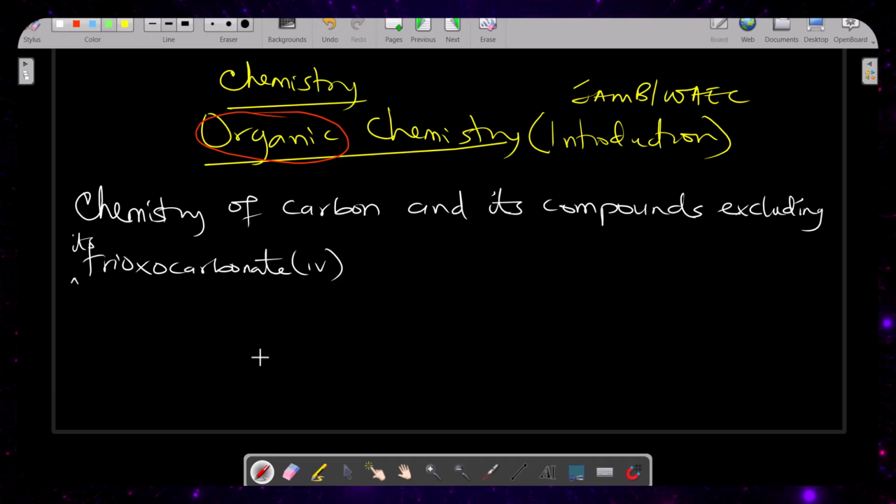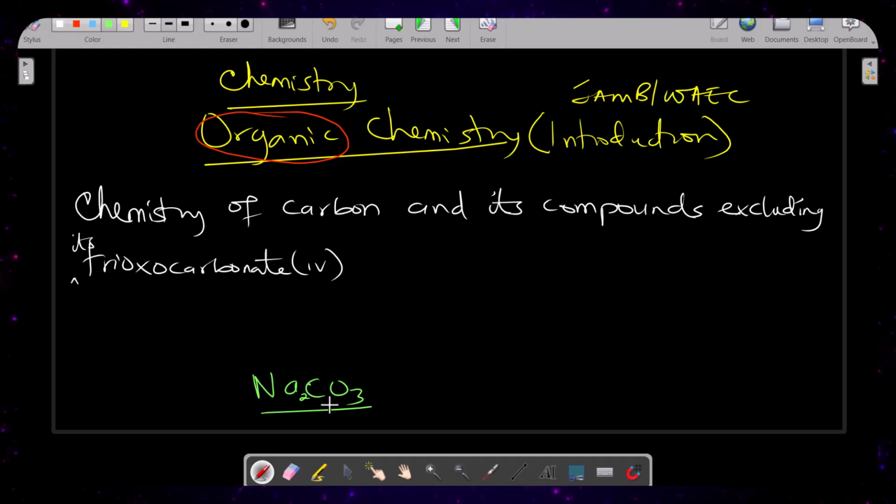Let me give an example: sodium trioxocarbonate(IV). Its trioxocarbonate(IV) belongs to inorganic chemistry, not organic chemistry.